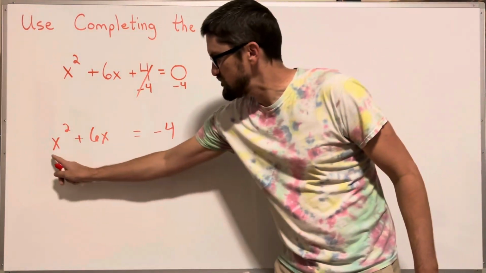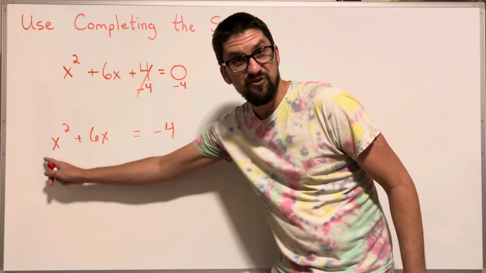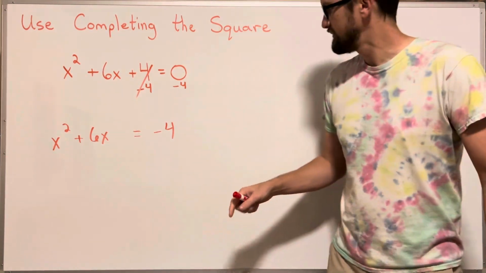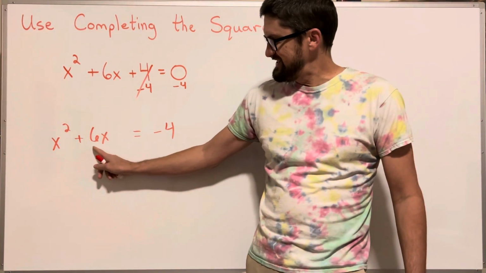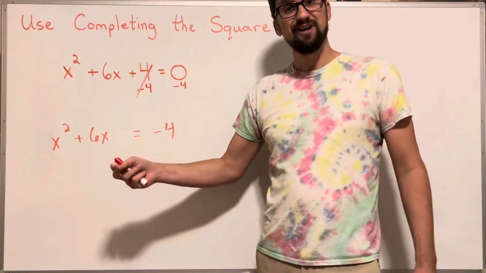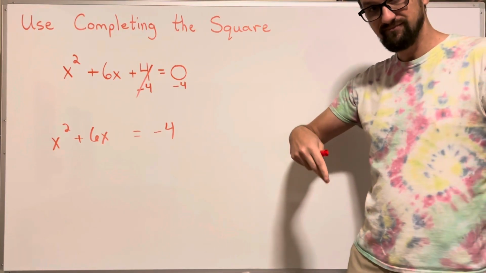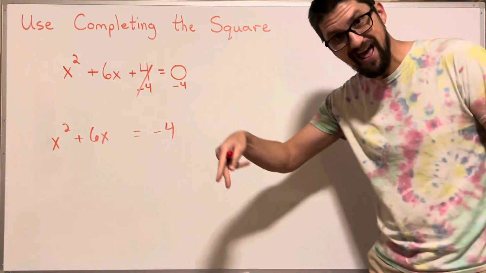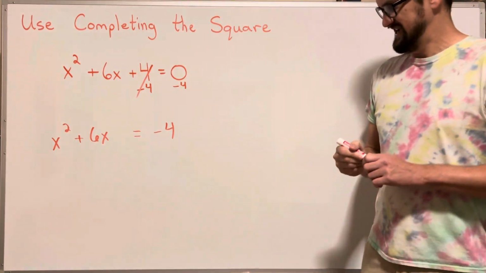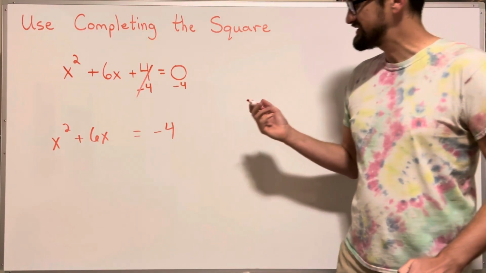Now you got to make sure that the leading coefficient is 1, which it is here, so we're good. Then we want to take this middle number, 6, take half of it and then square it. You have to do it in that order. Take half of it, then square it. And you want to add that to both sides.